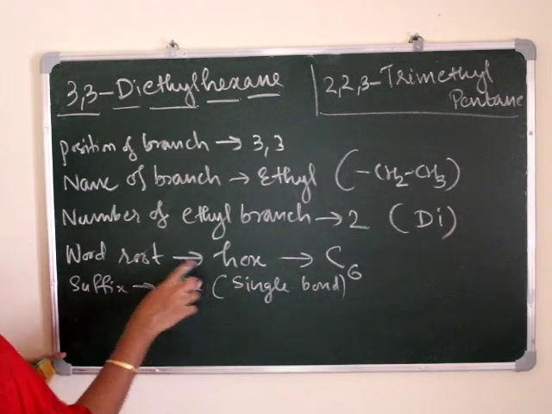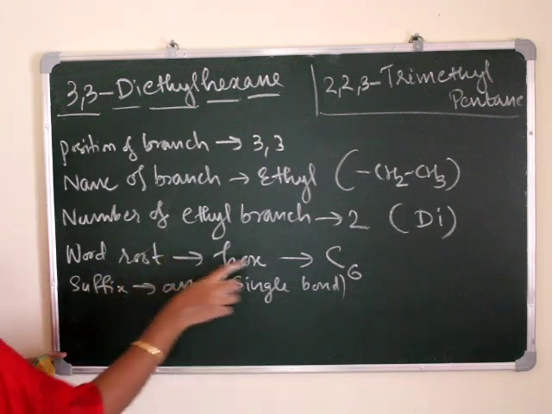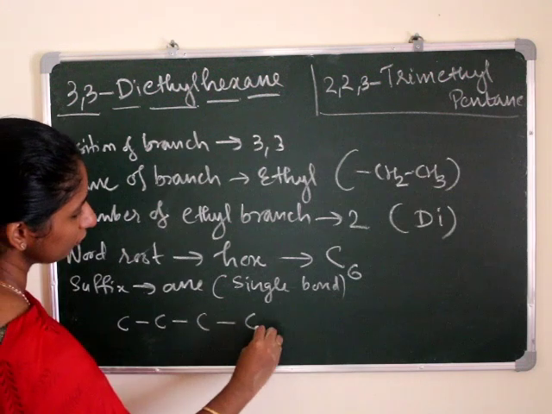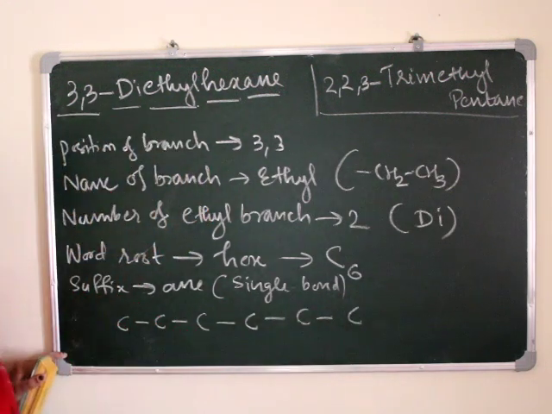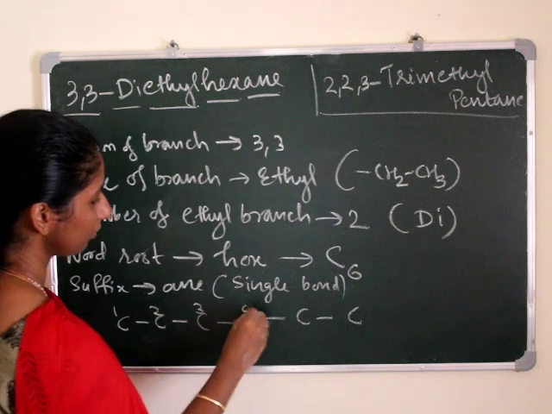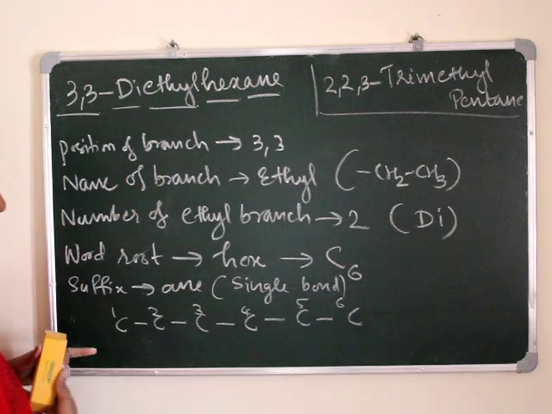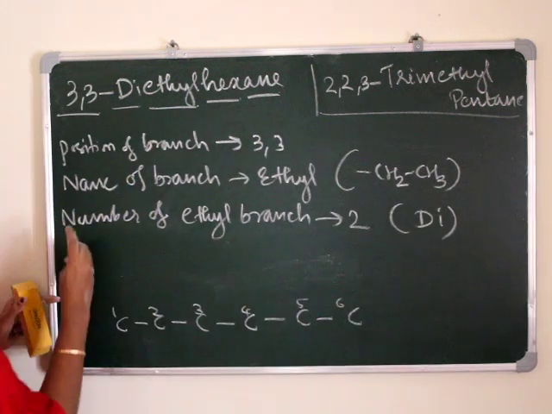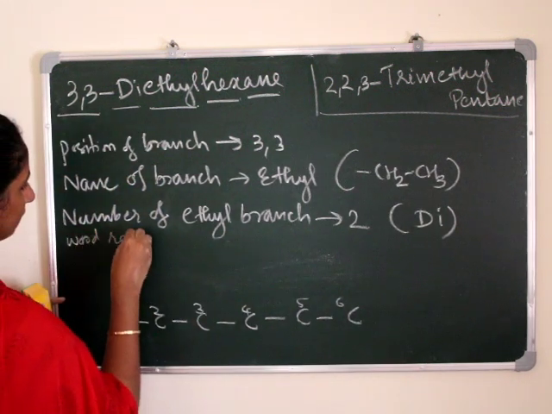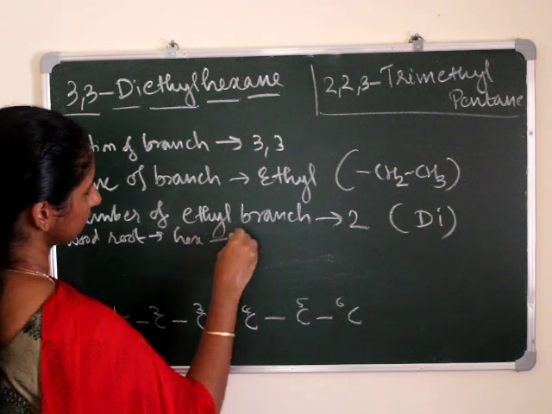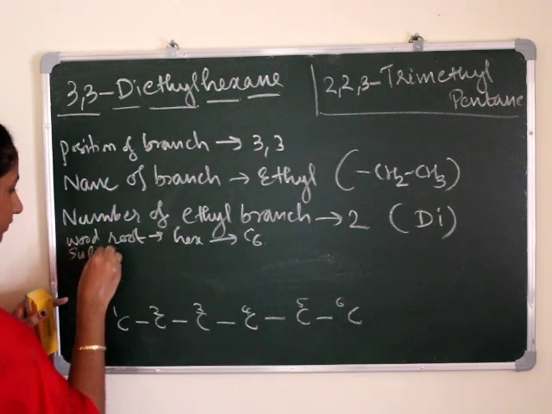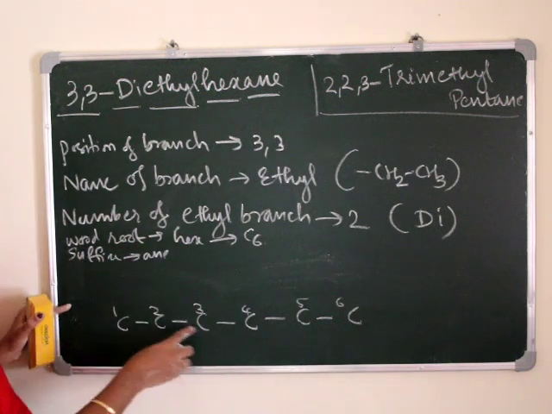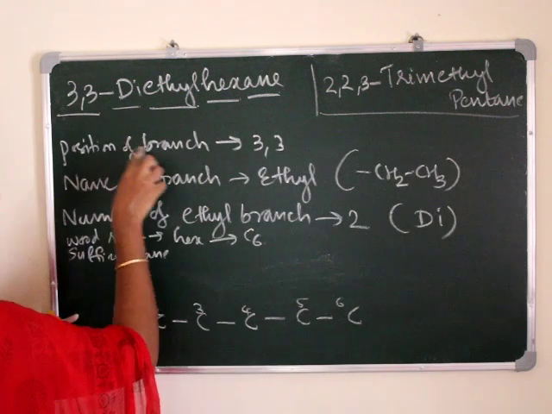First of all, we want to draw the long chain, that is 6 carbon atoms: 1, 2, 3, 4, 5 and 6. And the third position has branches, right?